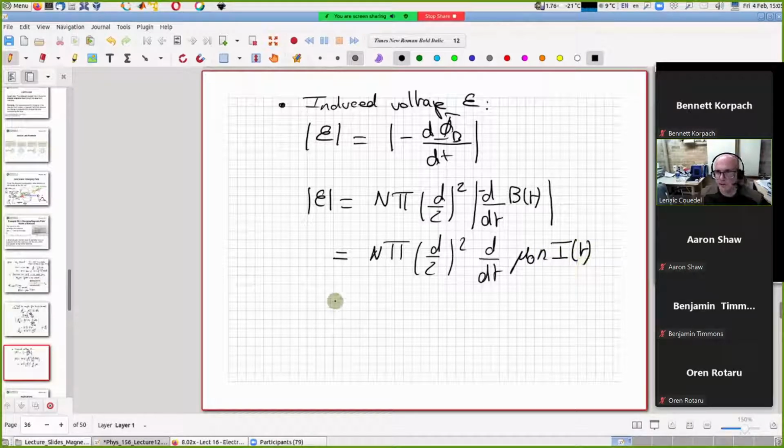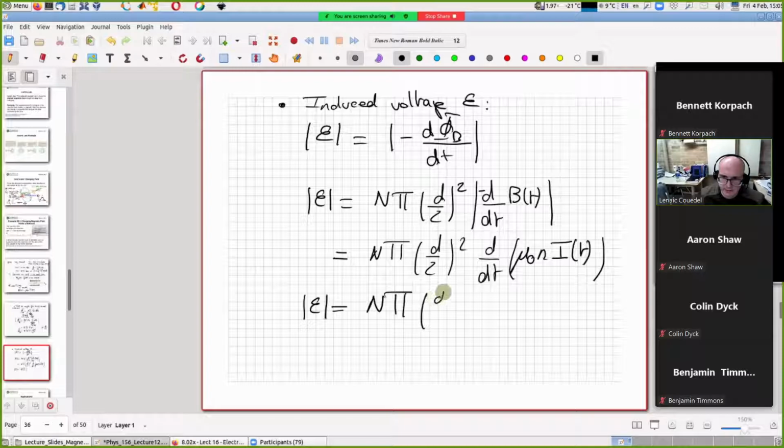Okay, what is the only thing that depends on time there? Current. Yes, so I can get mu 0 and n out. So I have epsilon equal to n pi (d over 2) squared mu 0 n, absolute value of d over dt of I of t.